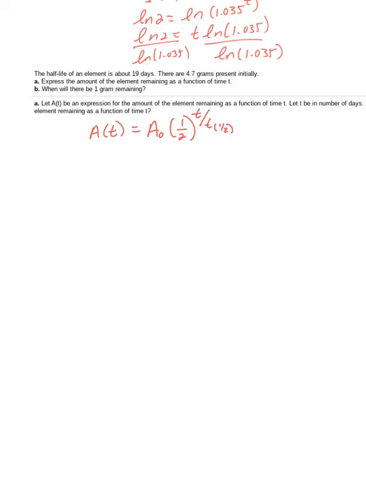formula. So in other words, for this problem, the half-life, they told you, the time is 19 days. That's a given. They told you that A sub 0, the initial amount present, is 4.7 grams.